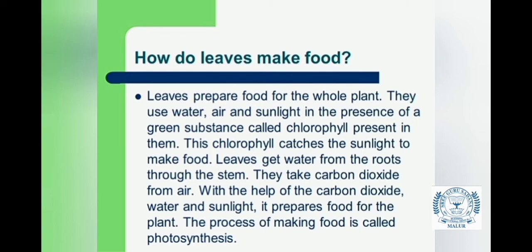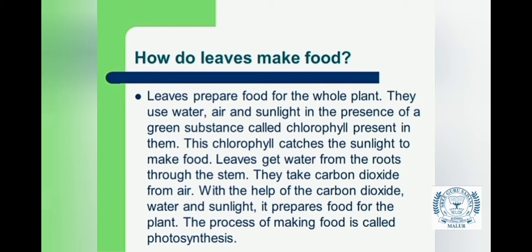How do leaves make food? Leaves prepare food for the whole plant. They use water, air and sunlight in the presence of the green substance called chlorophyll present in them. This chlorophyll catches the sunlight to make food. Leaves get water from the roots through the stem. They take carbon dioxide from the air.